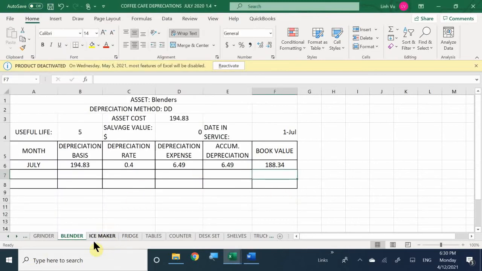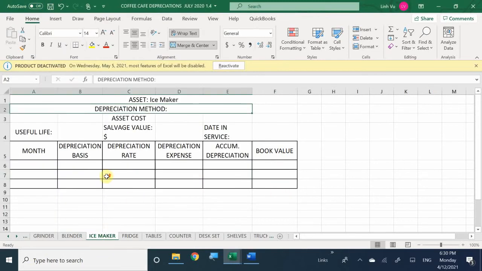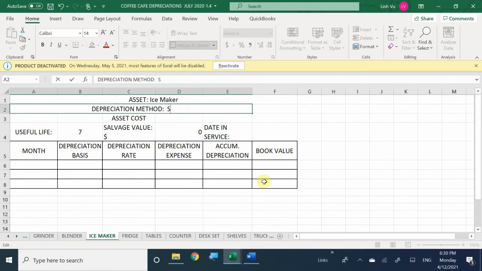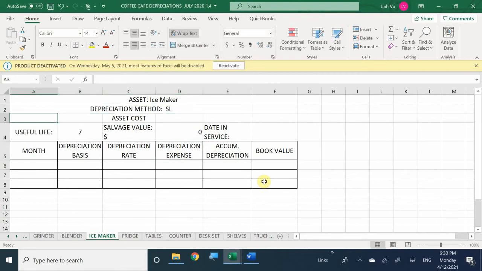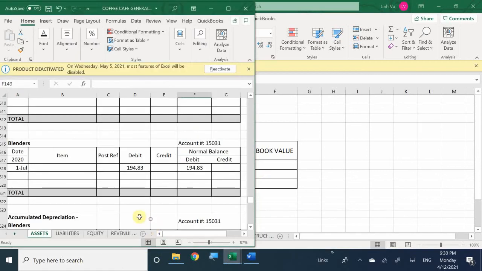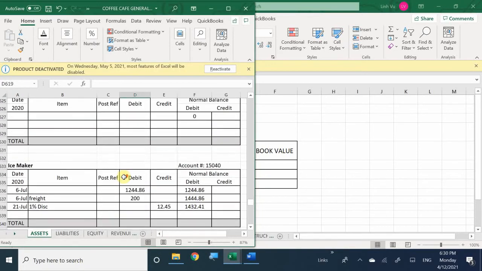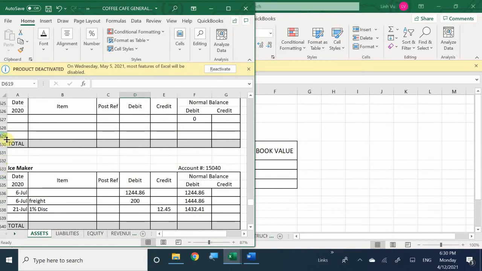All right. Here we are, ice maker. Okay, 7 years, no residual value, and we know we're going to calculate using straight line. Okay. So once again, I'm going to go ahead and use my ledger to determine how much my ice maker was.